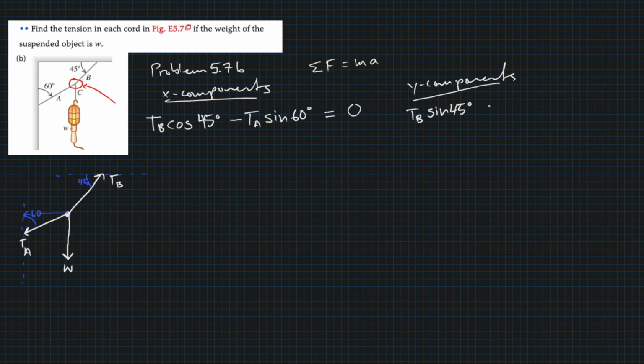For tension A, recognize that the vertical piece of tension A is going to be going downwards this time, so it's a minus sign there, minus tension A times cosine of 60 degrees. And we've got tension C, or in this case I already labeled it, I already know that it's just W. It's going down, so it's going to have that minus sign, all that equal to 0.